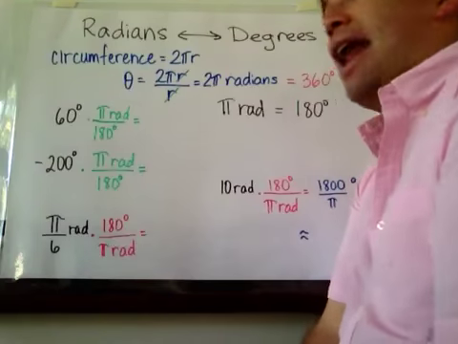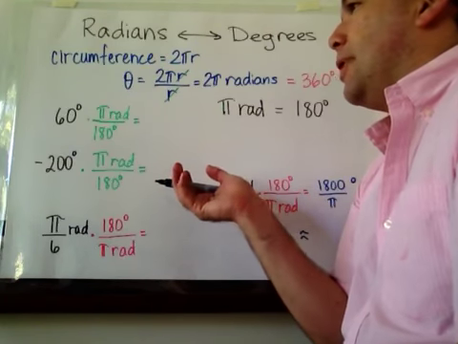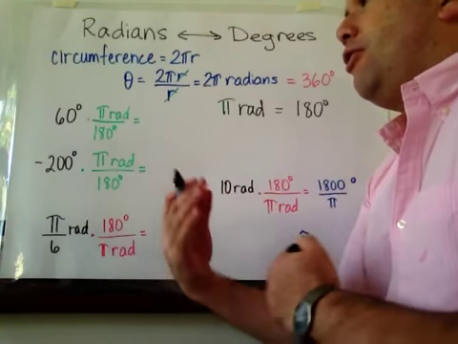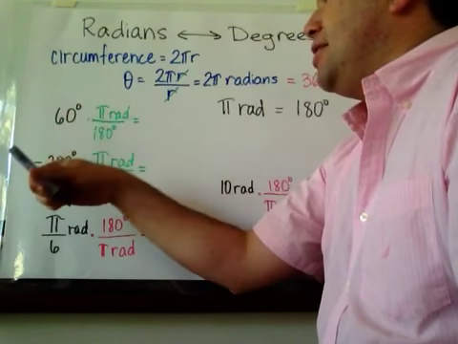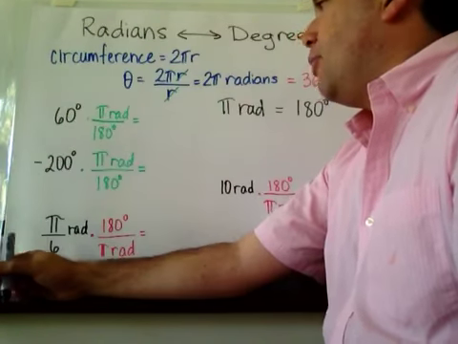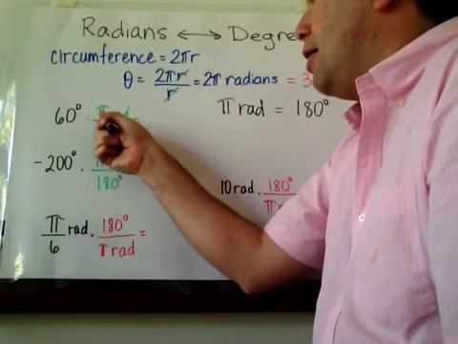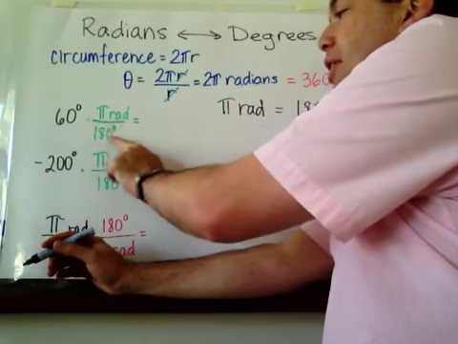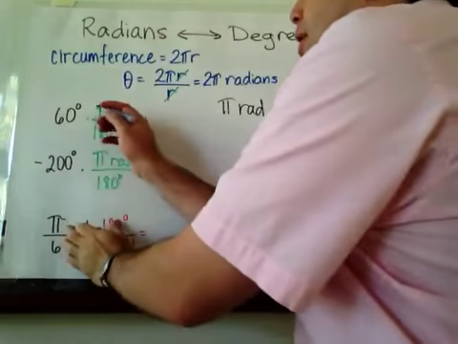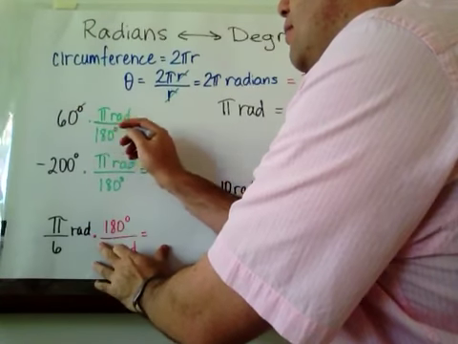So sometimes you're going to get asked to transform degrees to radians or radians to degrees. For example, here we've got 60 degrees. How much is that in radians? Well, we multiply it by 1. Notice pi radians is 180 degrees, so this is a 1. The degrees cancel.